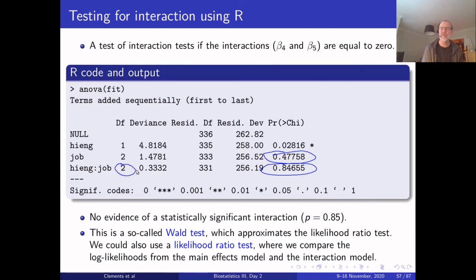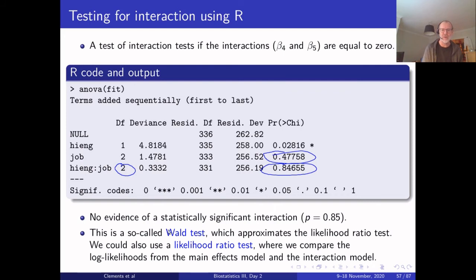So the null hypothesis here is that the interaction terms, the 2 interaction terms, are equal to 0. There's very strong support for the null hypothesis. So there's no evidence of a statistically significant interaction.